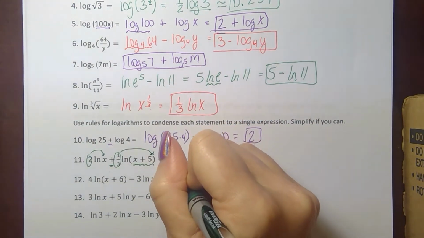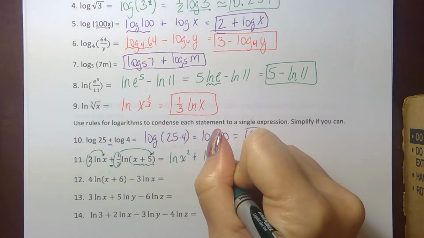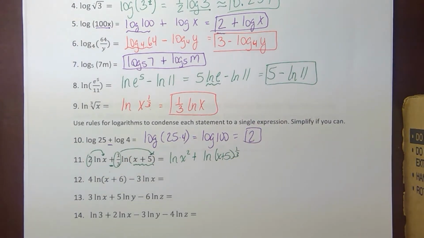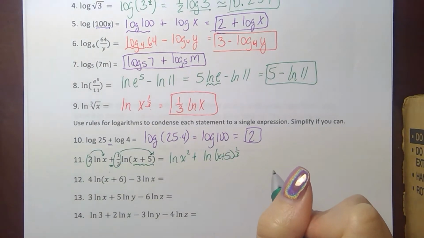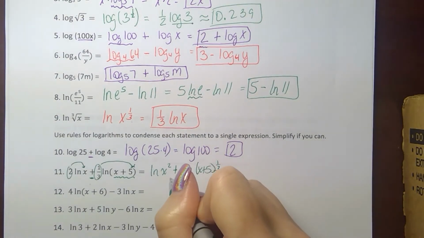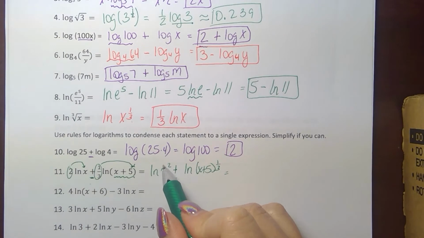So power rule first, I would have natural log of x squared plus natural log of x plus 5 to the 1/3. Now I can leave x plus 5 to the 1/3 power, or I could rewrite it as a cube root of x plus 5. Doesn't really matter. Then I'm going to use my product rule here. So I would multiply these two values.